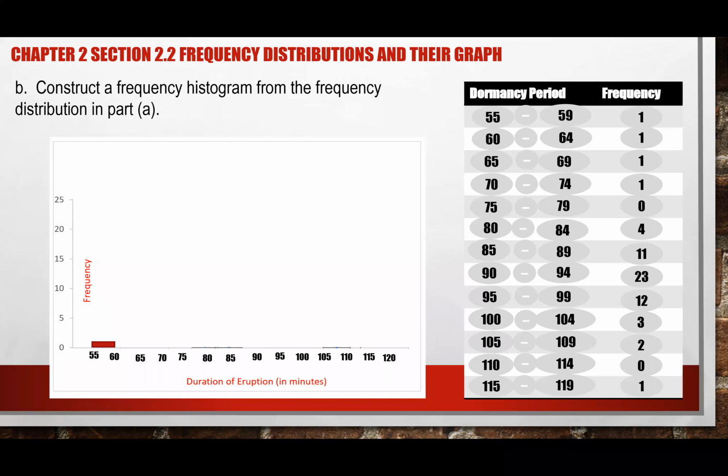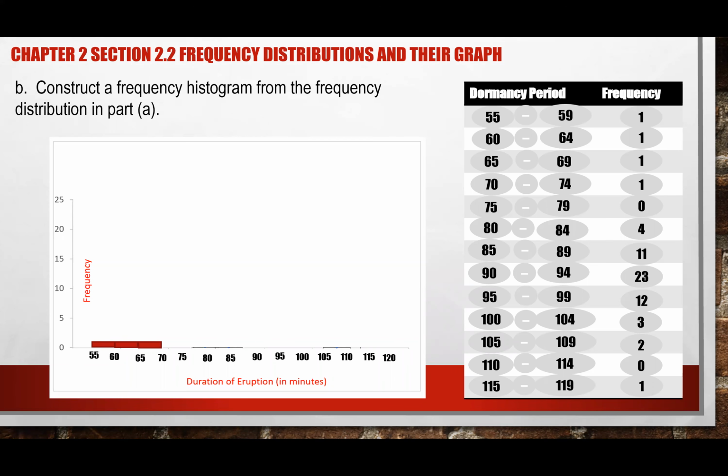The frequency is 1, so you go up to 1 and you put that. On your Connect math, you have that finger, you just click on it and drag and you see the numbers 1, 2, 3 right here. I just guesstimate it, just to have an idea that this is 1.